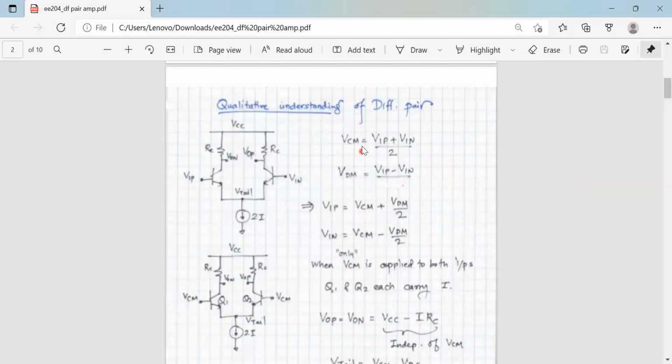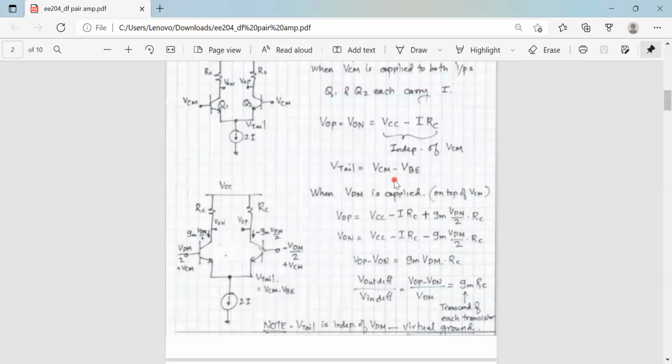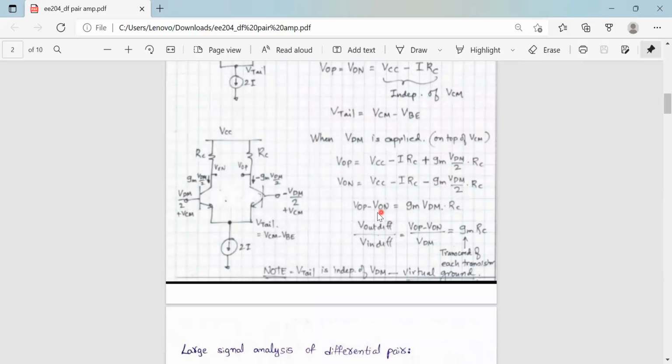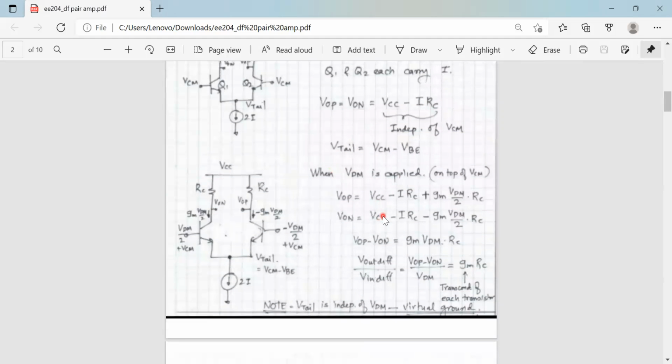If we solve this equation, VCM is equal to VIPN, and VDM is equal to this, then we get a result like this. This is the V tail, and V tail is equal to VCM minus VBE.